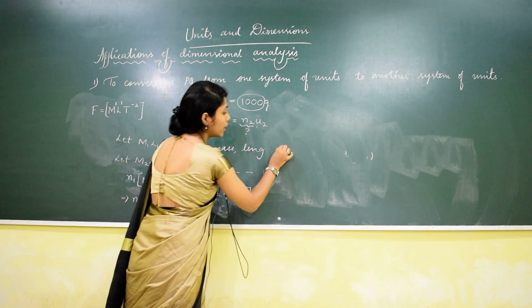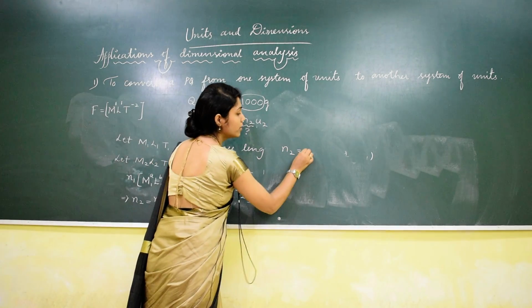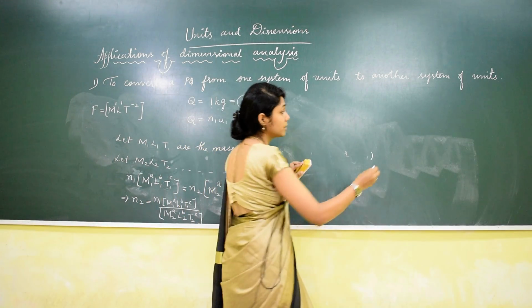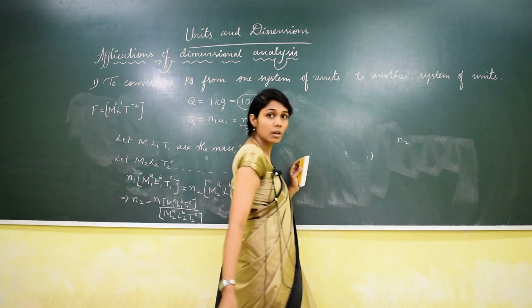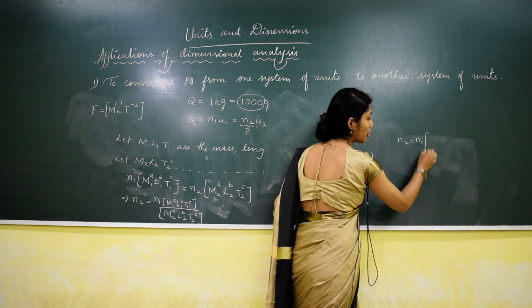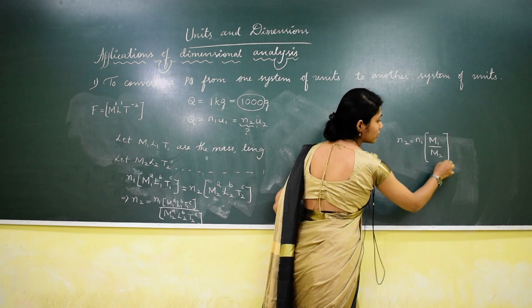So here n2 is equal to n1 into, so let me write it here because I need this formula for further problems. Okay, n2 is equal to n1 into m1 divided by m2⁻⁴.